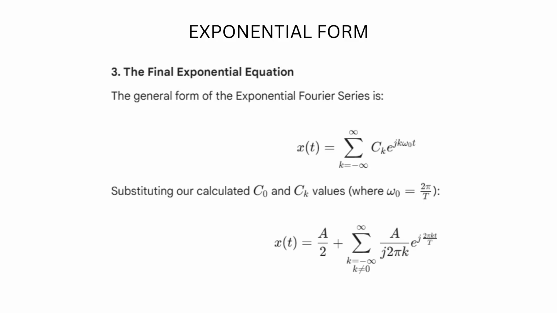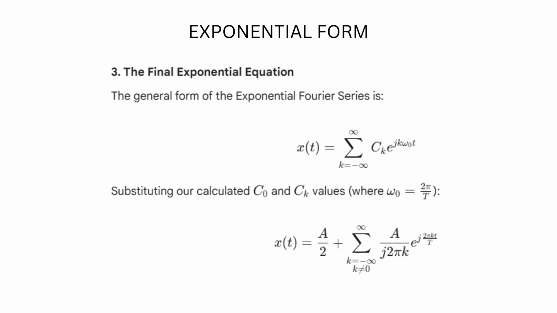Third, the final exponential equation. The general form of the exponential Fourier series is x of t equal to the summation from k equals negative infinity to infinity of c sub k times e raised to the power of j k omega naught t.